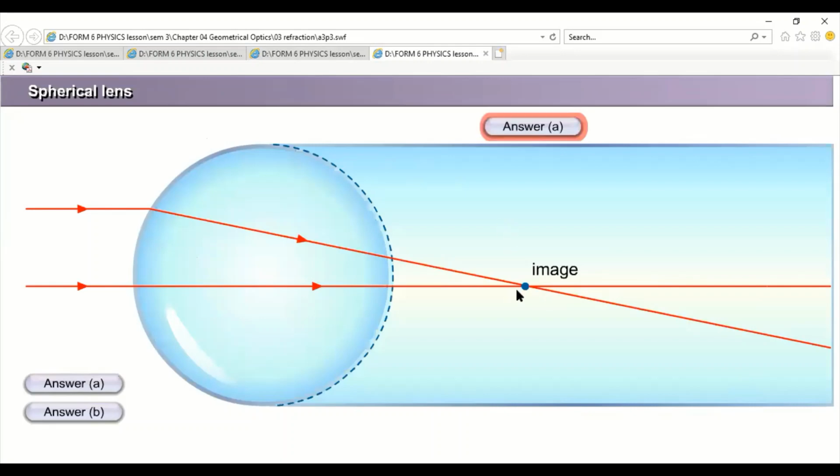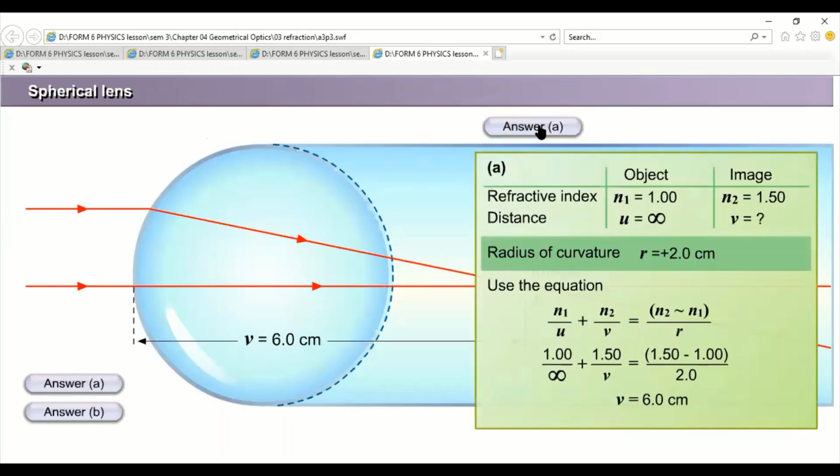So consider that the object we place is at infinity. The radius of curvature is 2 cm. That means the radius is 2 cm from the center. Okay, this one. Okay, so I use the straight line.